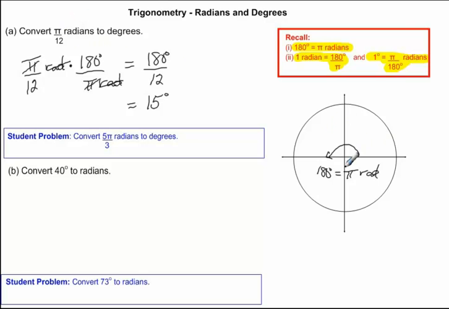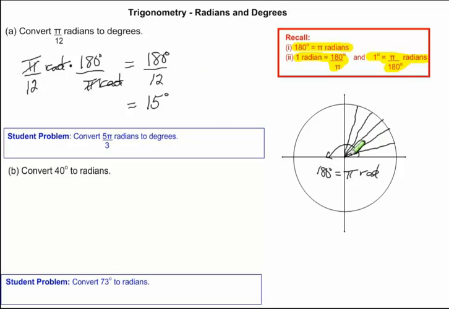Let's visualize that. If I was to divide this half circle into 12 parts, I'd have 1, 2, 3, 4, 5, 6 sections. And if I was to do that on this half, then that would give me 12 parts.